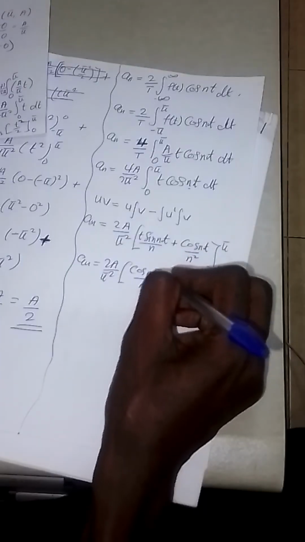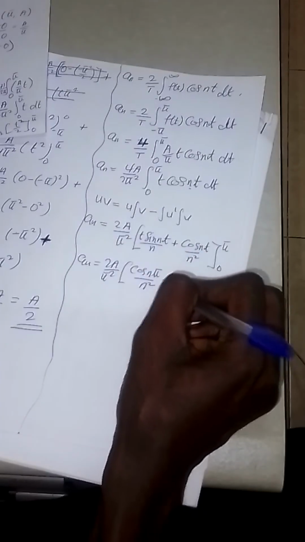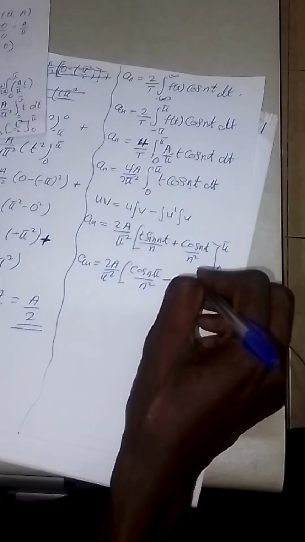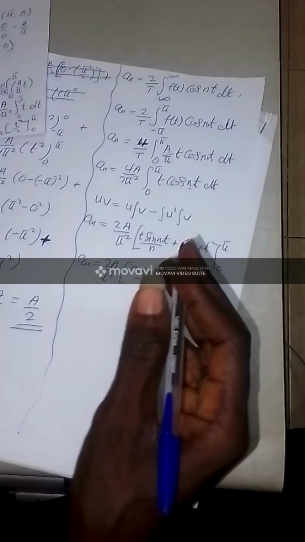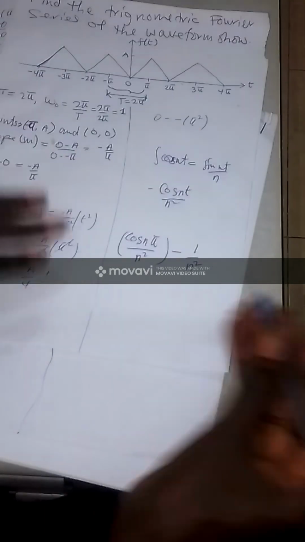So here I'm going to get minus 1 over n squared.